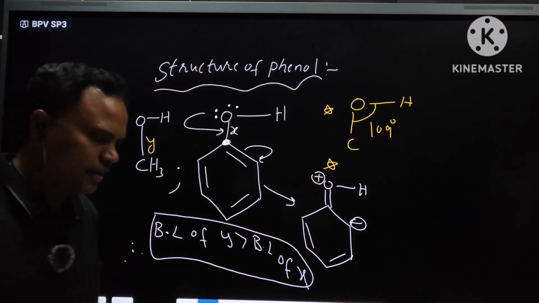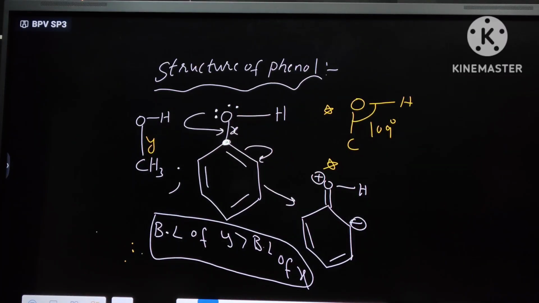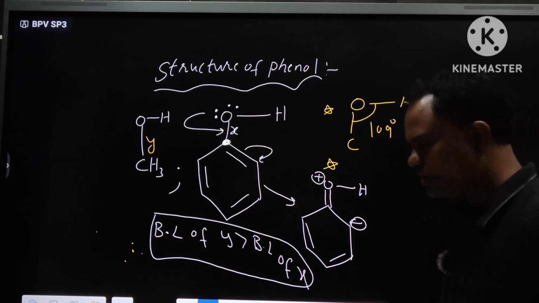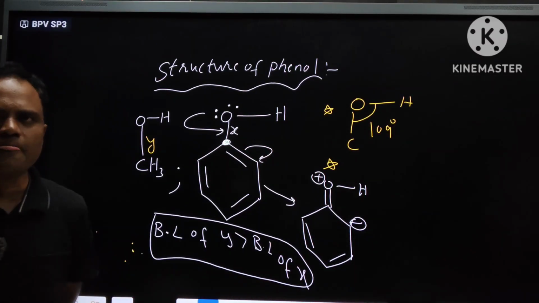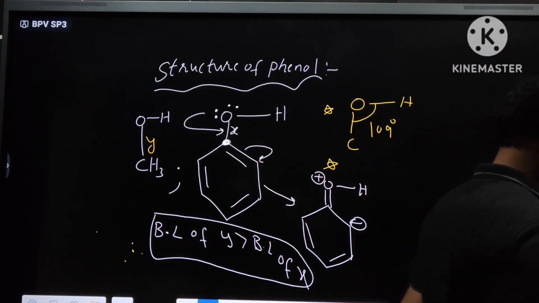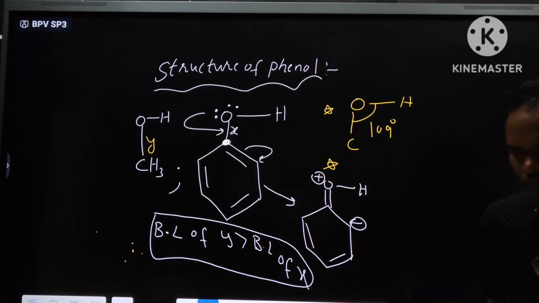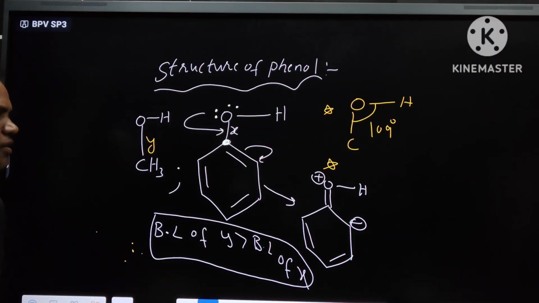Now let us keep the heading: acidic nature of phenols. For new students this is very useful, and our old students know it already. But listen again, because in this chapter acidic nature questions are very important.